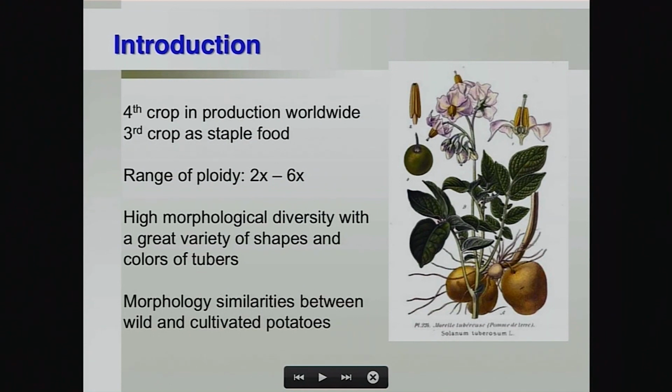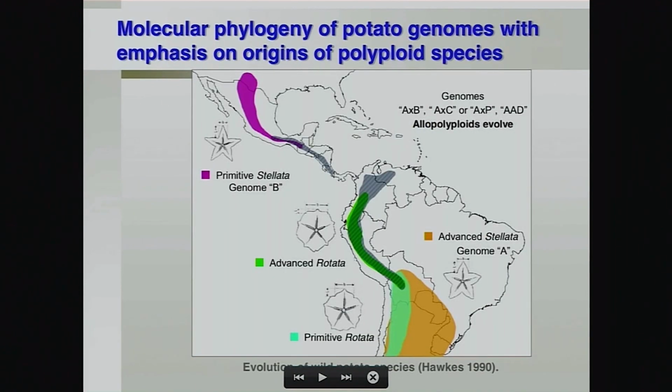Also, we have auto and allopolyploids. We can find high morphological diversity, but also there is a lot of similarity between some species. So the classification of species in section Petota still remains very difficult.